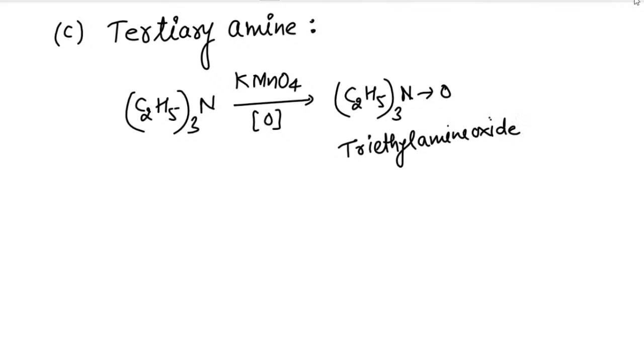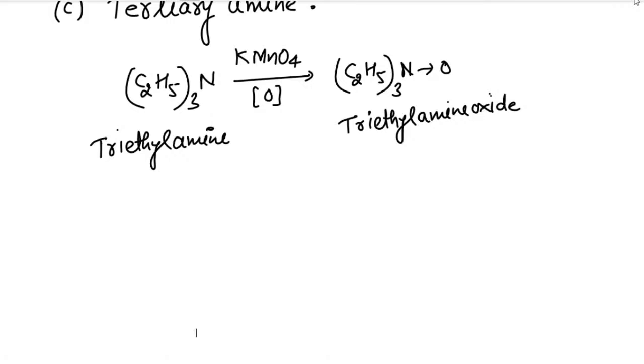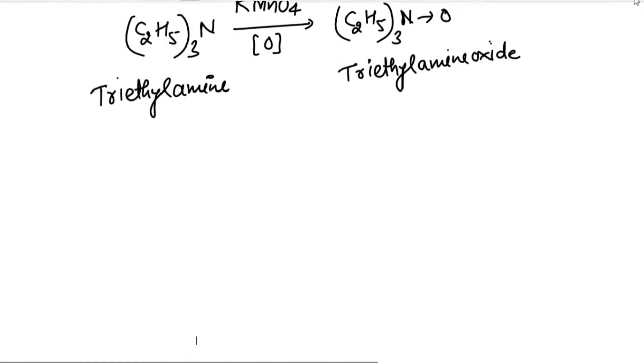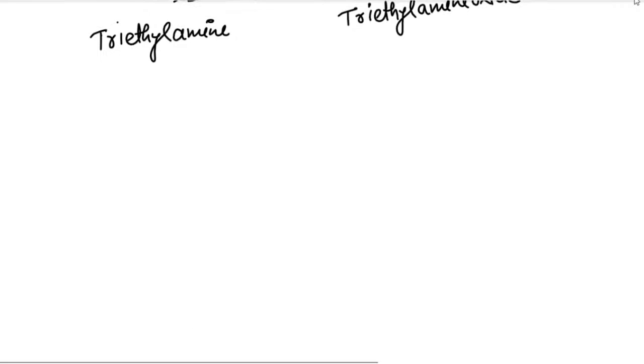Okay. So primary amine, secondary amine, tertiary amine, they oxidize differently. See, primary amine gives aldehydes and ketones, secondary amine will give hydrazine or N-hydroxy amine, and tertiary amine will give triethylamine oxide, okay.